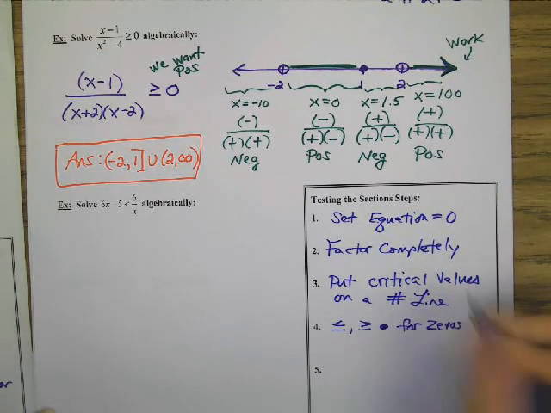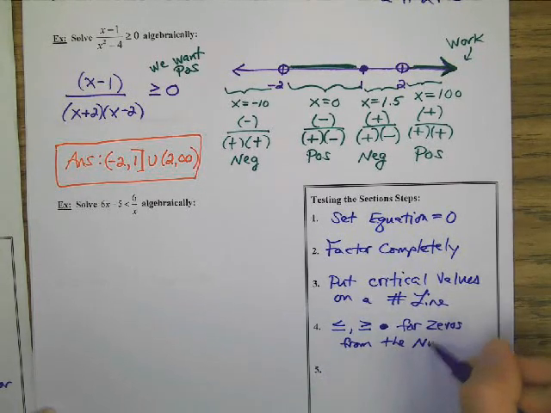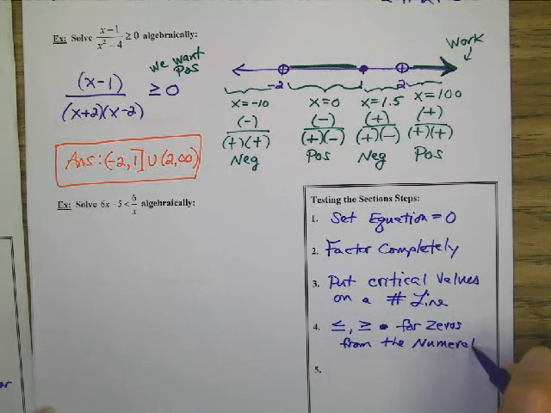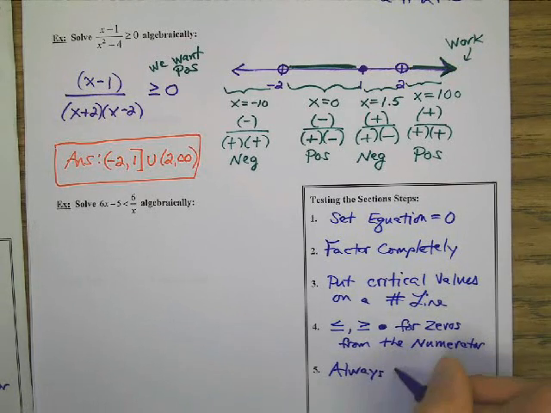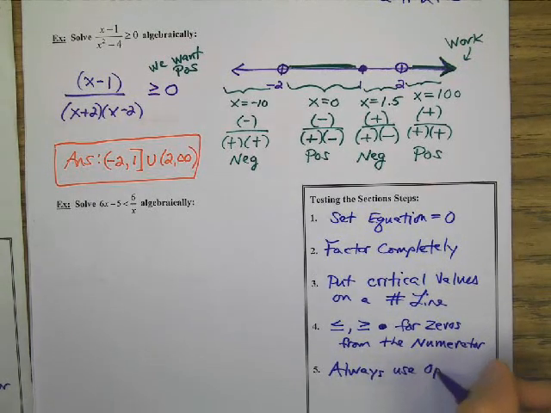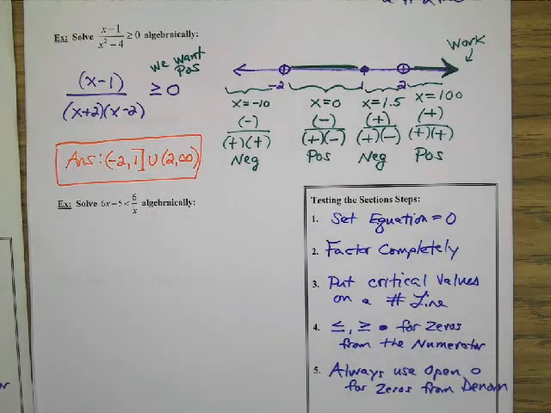Only from the numerator, not from the denominator. Always use an open bubble for zeros from the denominator. What if it's just less than or greater than? Then everything would get an open bubble.